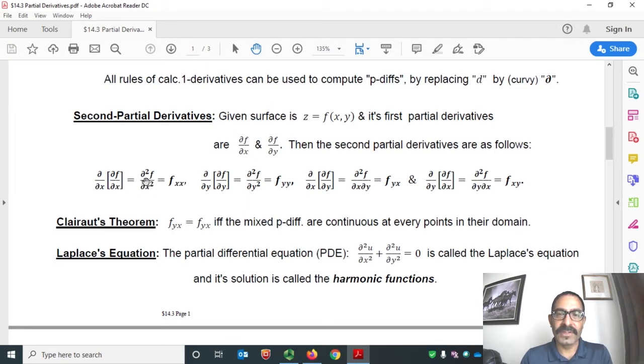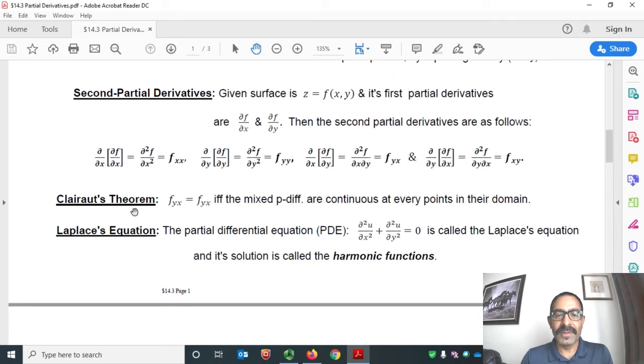With respect to x gives us del squared f over del x squared, or f_xx, and the partial derivative of del f by del x with respect to y gives us here f_xy, and similarly the partial derivatives of del f by del y with respect to y and with respect to x. So f_yy, f_yx. So we have 4 second partial derivatives. Great. Let's move on.